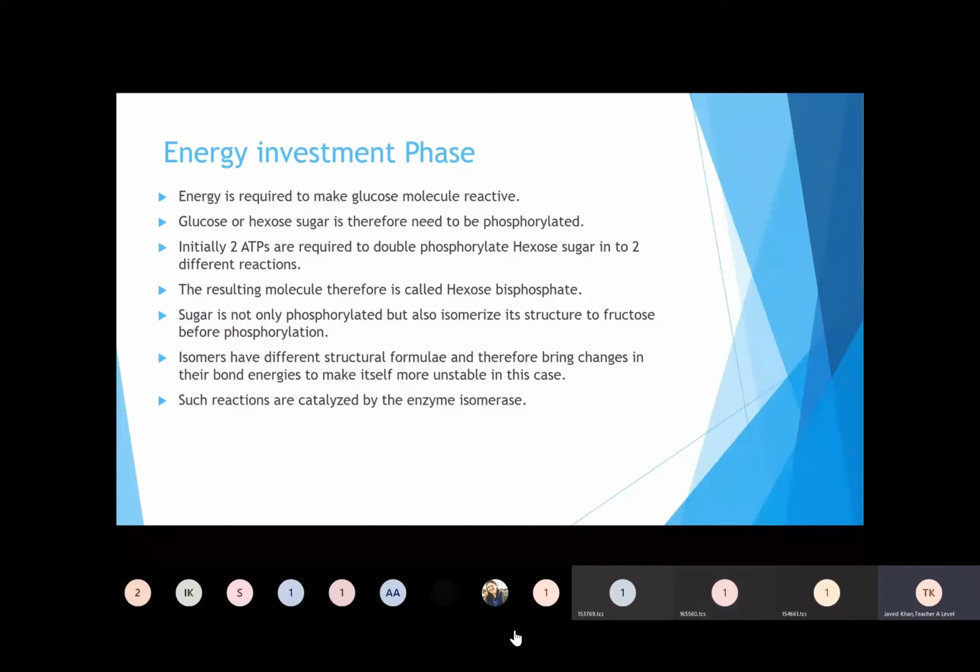Do you think they have the same formula or different molecular formulas? Same molecular formula, different structural formula. So when you say different structural formula, I mean you are making changes in their bond structure. I think you have been told this in chemistry. You change the bond angles and the bond geometry, and there are changes in their energy value as well. So when you decrease the bond energy, that molecule becomes more unstable.